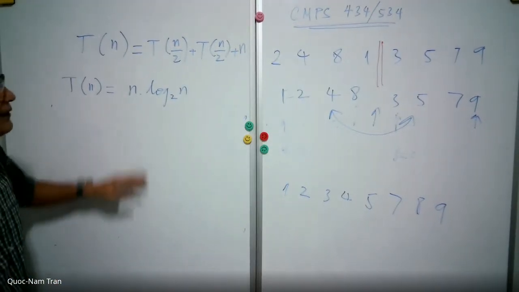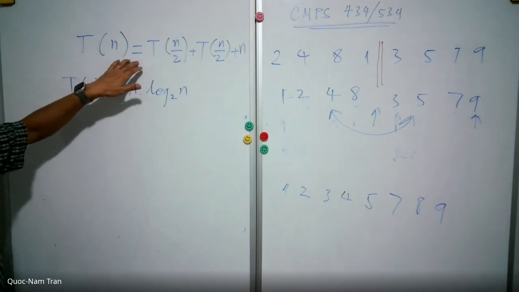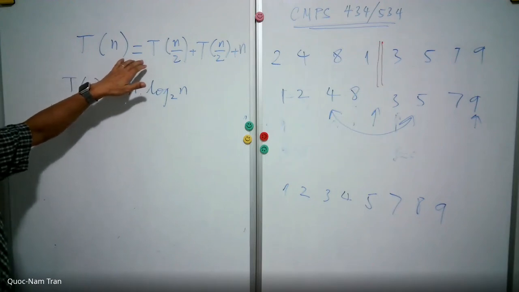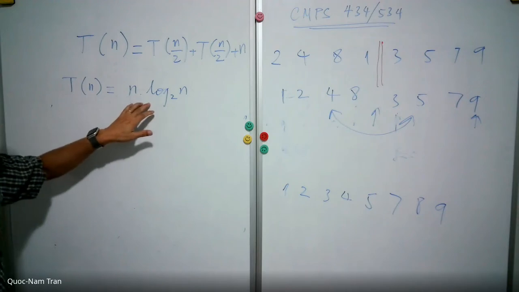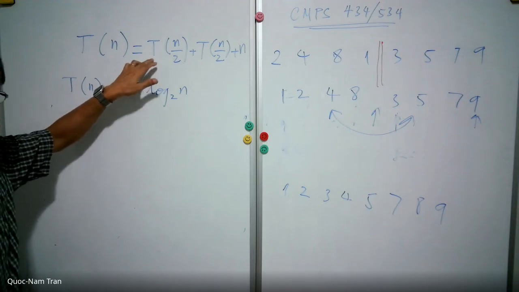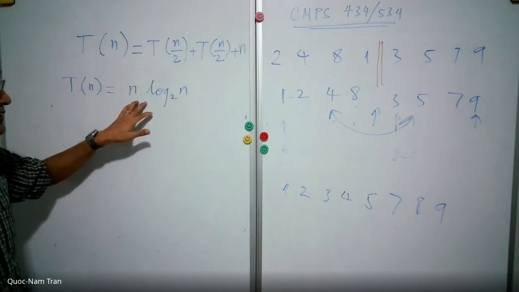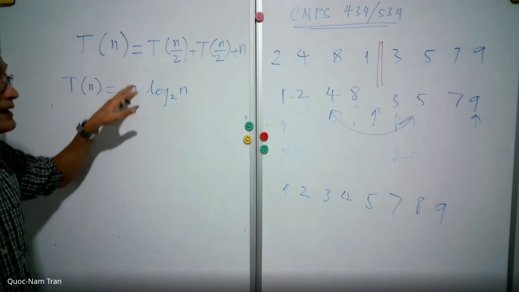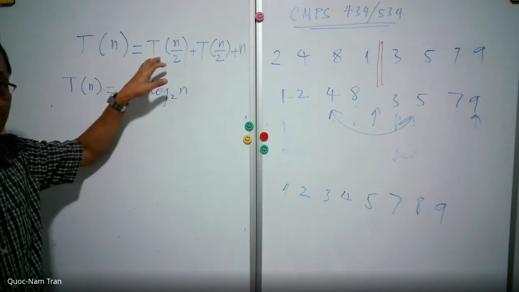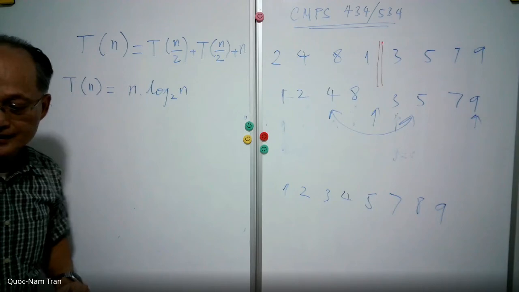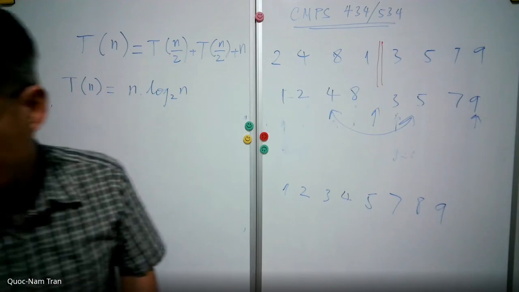All right, now we want to solve this recurrence so we can have a function without a recurrence again, meaning that the right-hand side is a function in n without having T in the formula. So how can we do that?